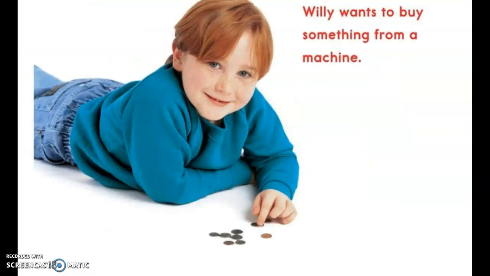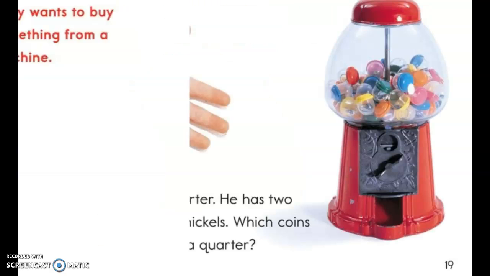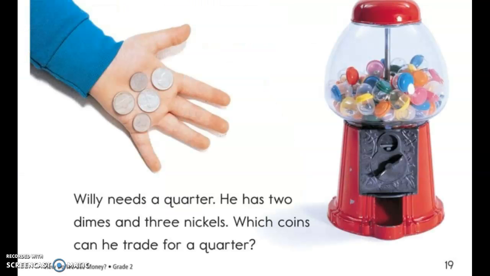Now Willie wants to buy something from a machine. Willie needs a quarter. He has 2 dimes and 3 nickels. Which coins can he trade for a quarter? Can you point at them? Good.